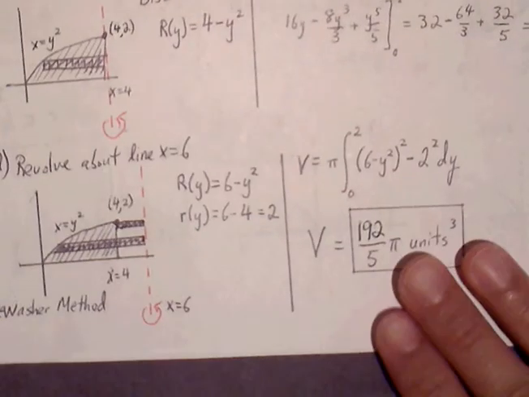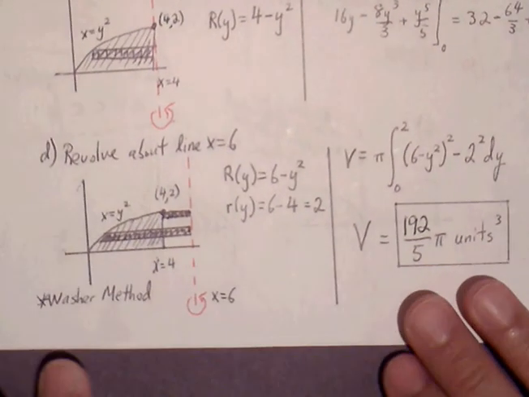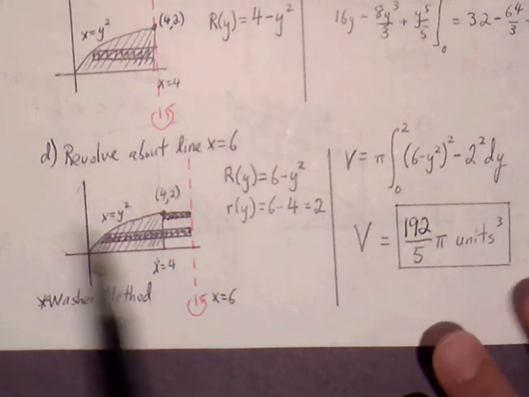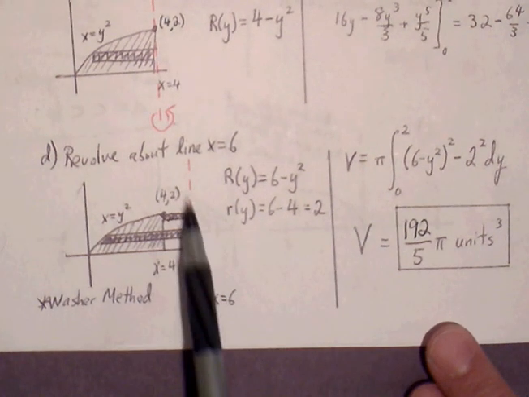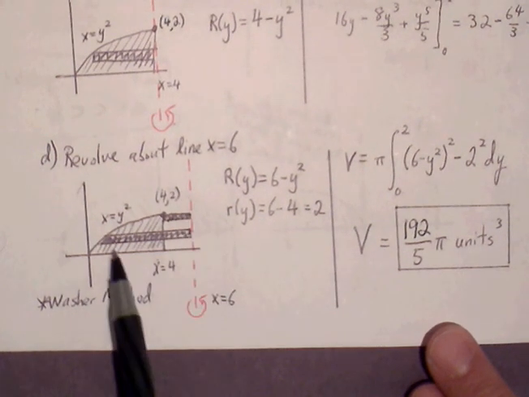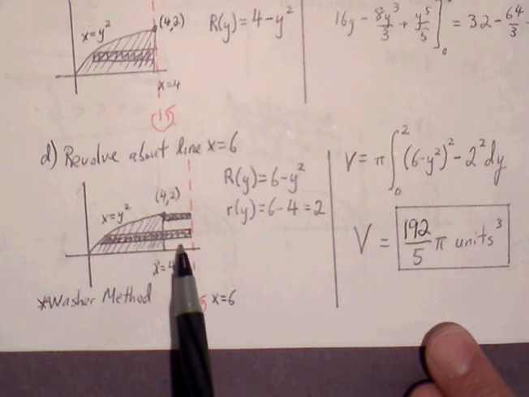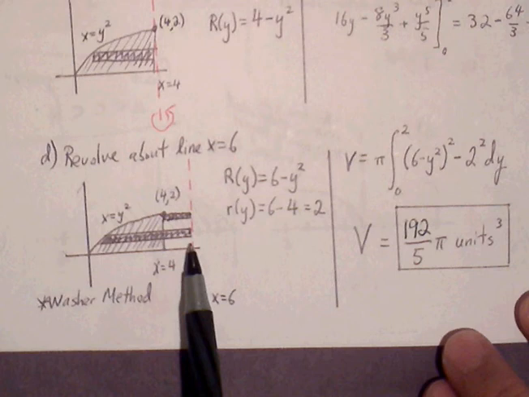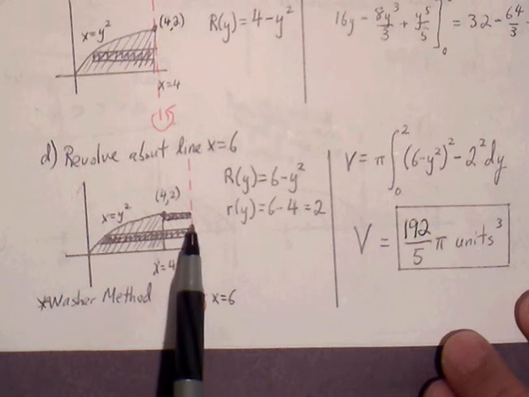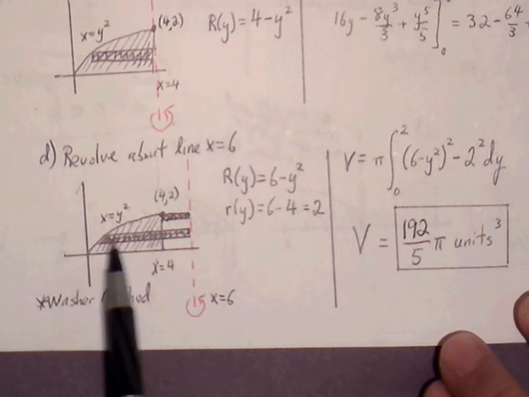All right, part D, we're now revolving about the line x equals 6, the same shaded region. Now, if you look at 6 in relation to the shaded region, you see there's a gap, a hole. So that means we need to find big R and little r. So starting on the axis, we're going to draw to the further curve.